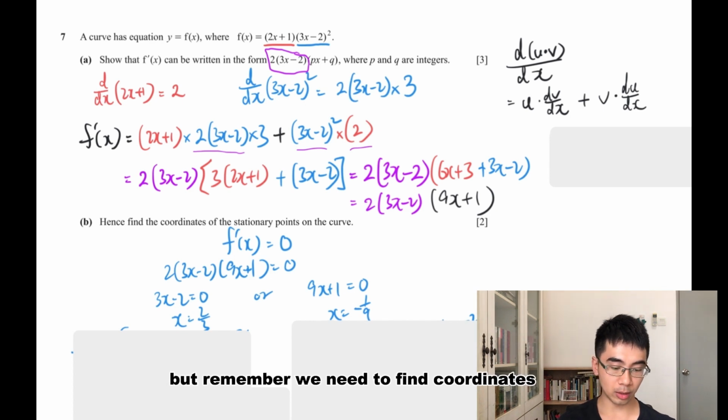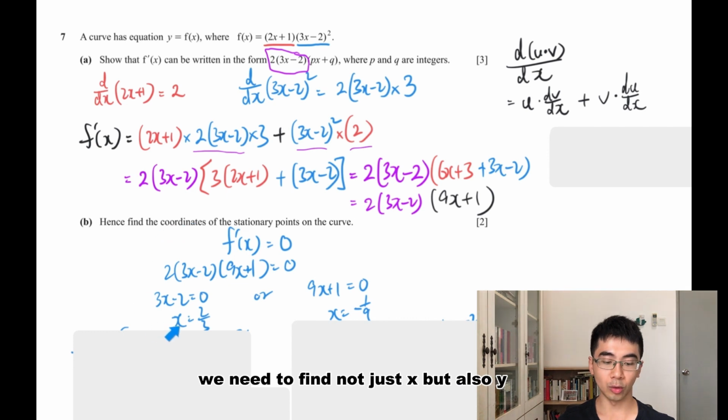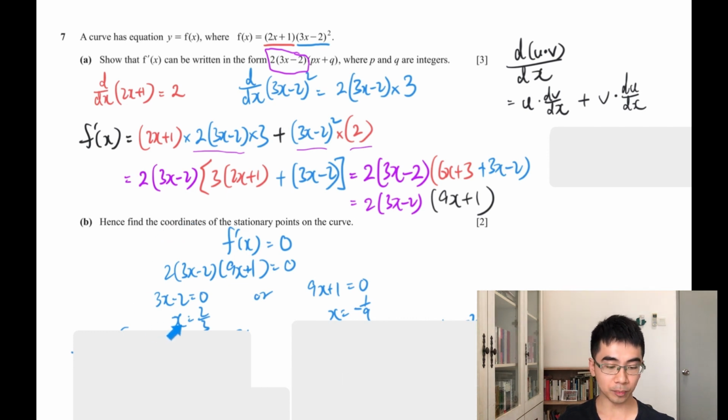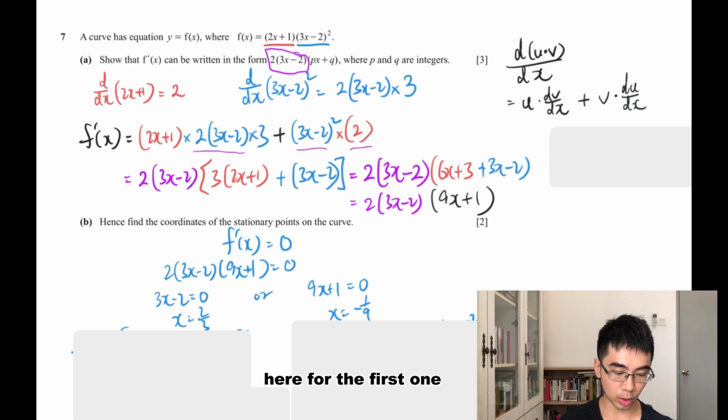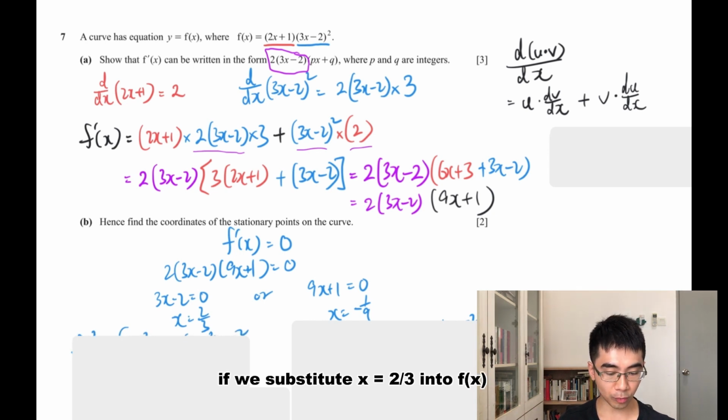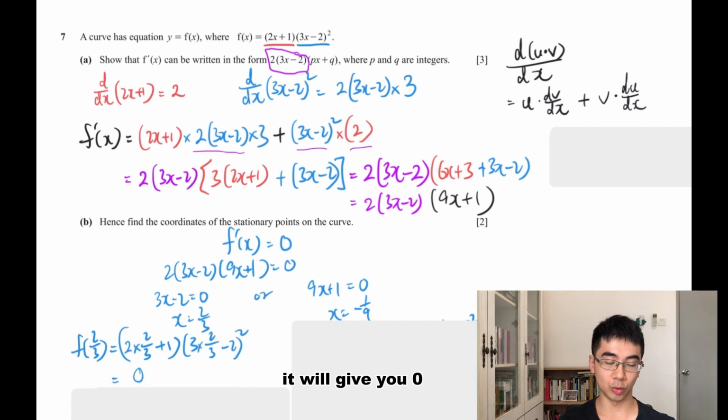But remember, this time we need to find the coordinates. So we need to find not just x, but also y. And here we need to substitute these two x values into f of x again. Remember, not f prime of x, but f of x to find the original point. So for the first one, if we substitute 2 over 3 into x, it will just give you 0. You just use your calculator to do this. And how about the next one?